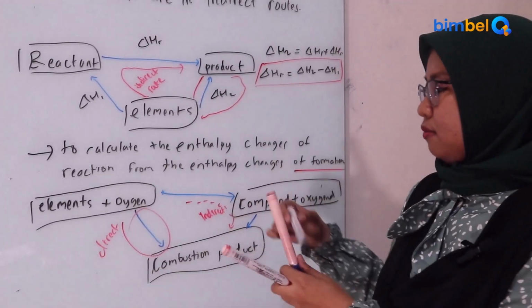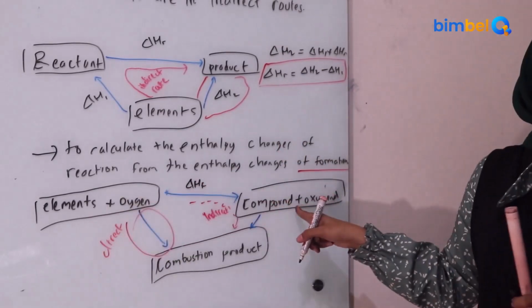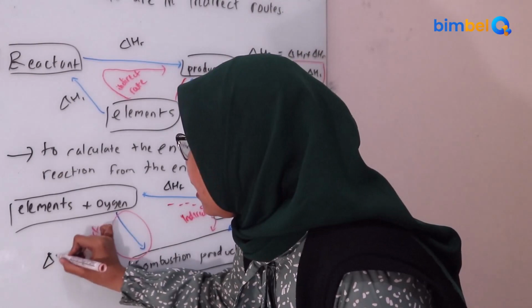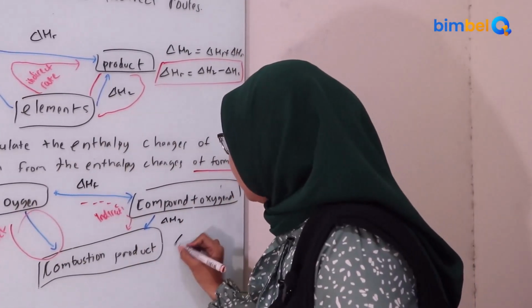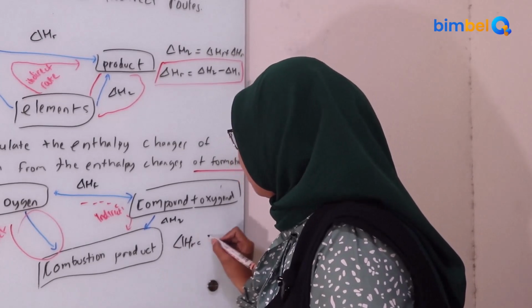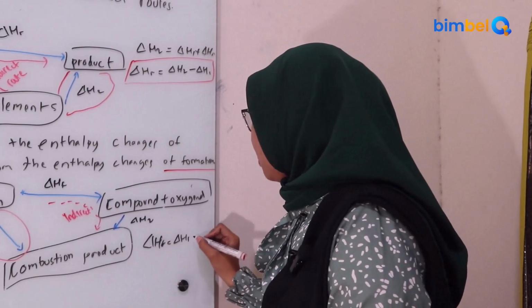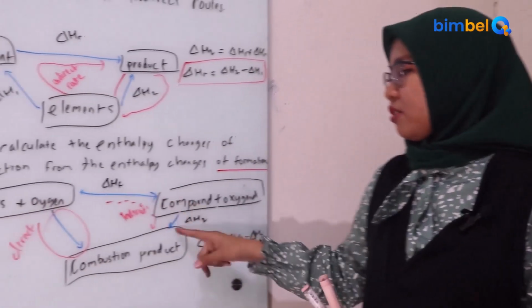If we write this one, this is delta H of formation. Remember, from the element to the compound is formation, and then this one is delta H2 and this one is delta H1. From this diagram, we can take the formula delta H formation equals delta H1 minus delta H2, because this is the direct and this is the indirect.